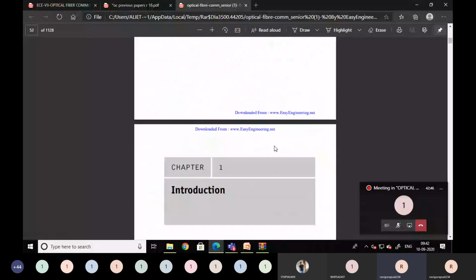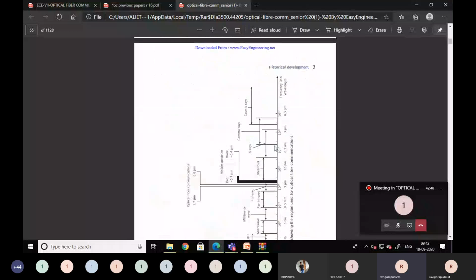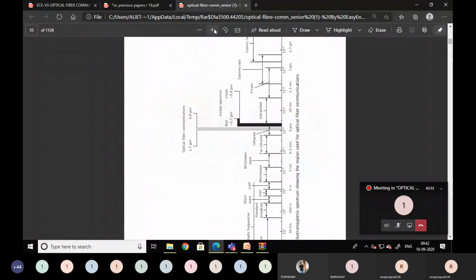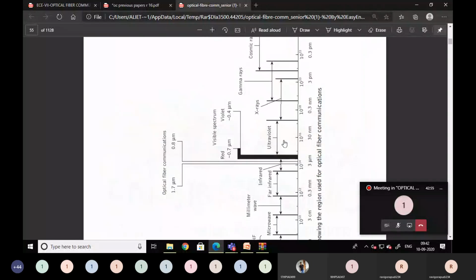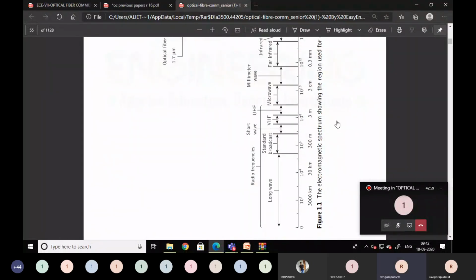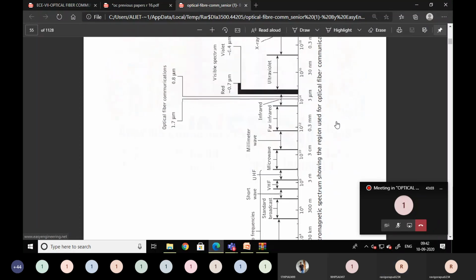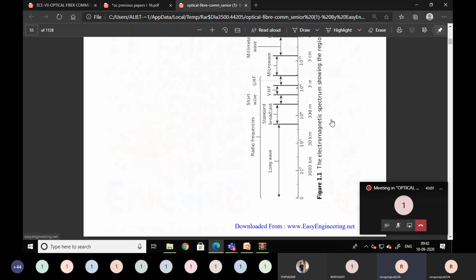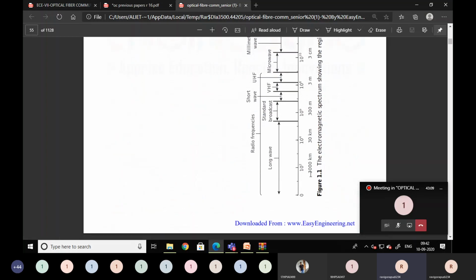Electromagnetic spectrum. The first chapter has this electromagnetic spectrum. This is the spectrum. You can write the electromagnetic spectrum showing the region used in optical fiber communications. Here different frequencies are mentioned and, in the same manner, wavelengths.